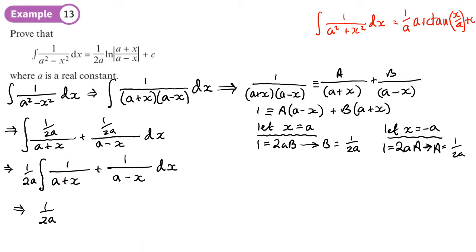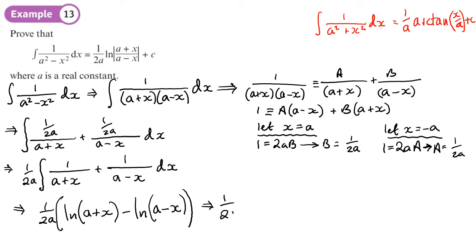So that first term will just give you log a plus x, plus then the second one. Now what will happen is this differentiated is actually -1, so log of the bottom will give me a negative, so I need to cancel that out by putting a negative here. So I'll have log of a minus x, and then hopefully if we tidy that up we get the result that they want.